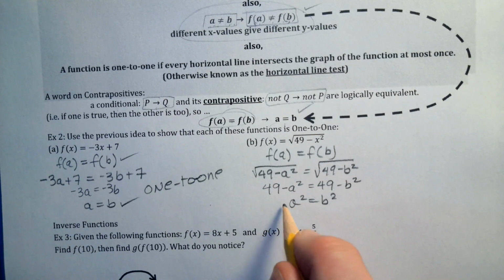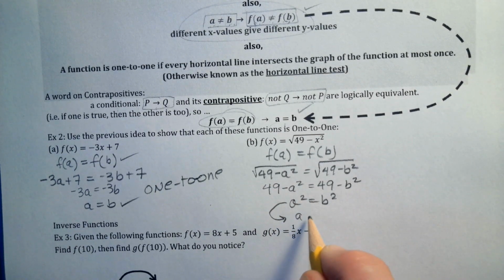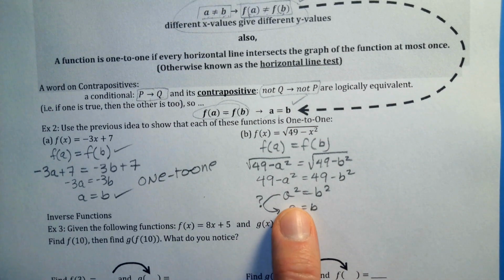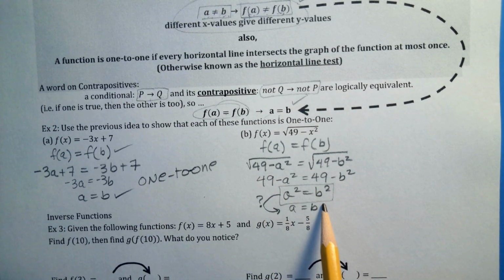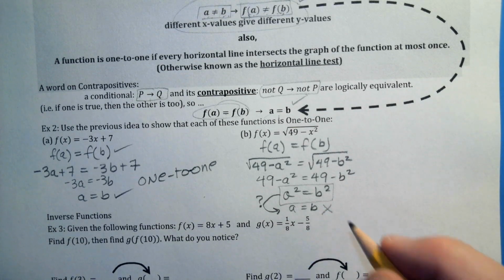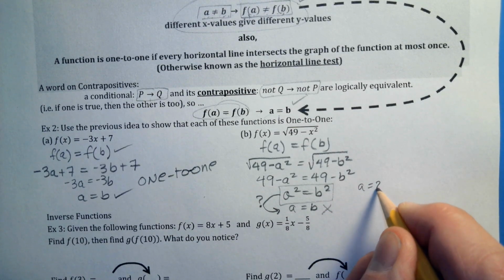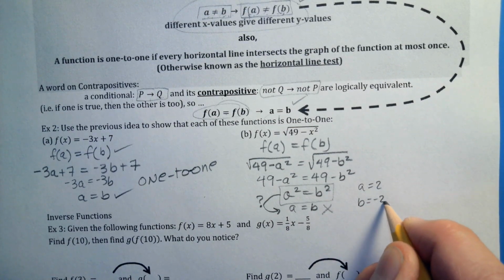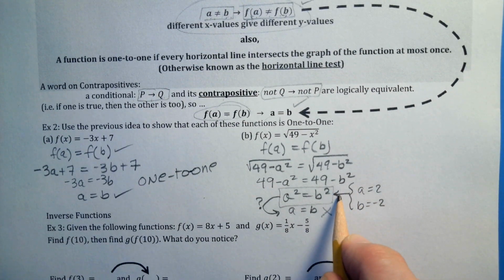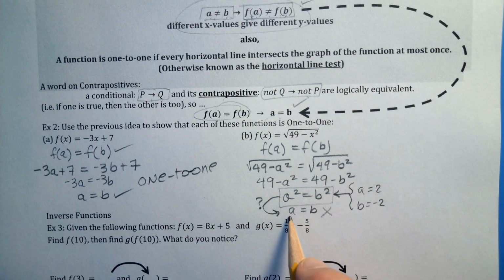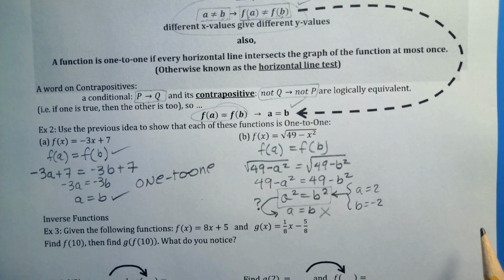Now, does that automatically give us A equals B? If you think about it a little bit, I think you'll see that no. We know that A squared equals B squared is true, but we do not know that A equals B is necessarily true. Because think about, what if A is 2 and B is negative 2? That would be true, but A equals B is not necessarily true.